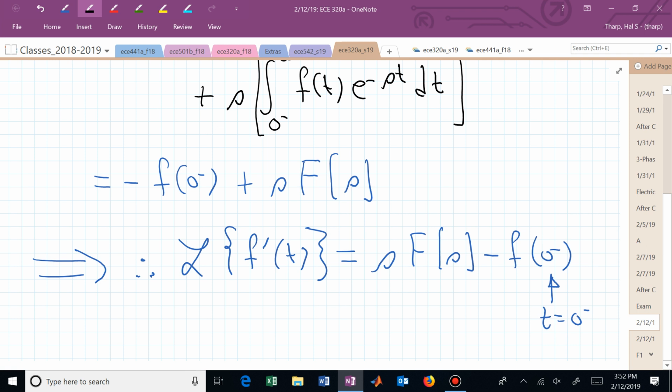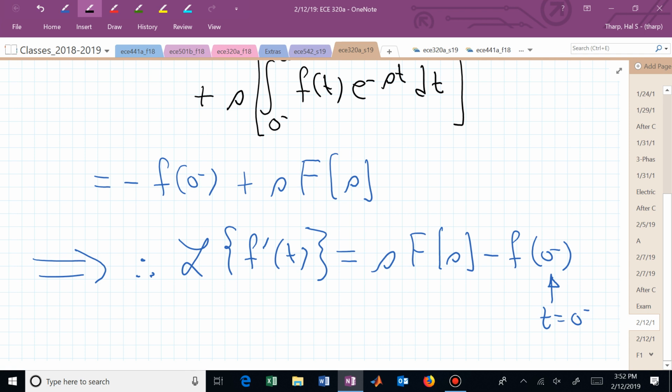Yes? Is the reason why the Laplace transform of higher derivatives gets so complicated is because you have to do more and more integration by parts? The question was the reason why it gets more and more complicated. Actually, it really only gets complicated in this initial condition piece. It gets nested. But the reason that it gets complicated is really just in accounting for the initial conditions.